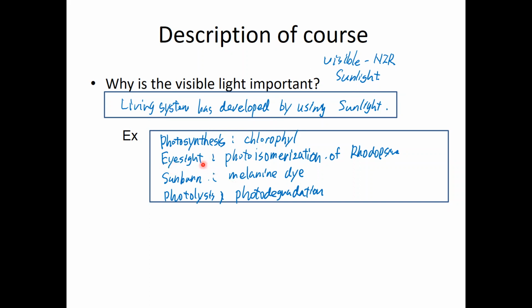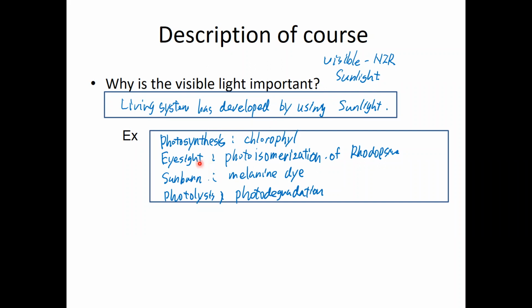The other is eyesight. You can see color, and visible light is defined by human beings, because we can detect this wavelength region, since sunlight is quite important in terms of energy for human beings.